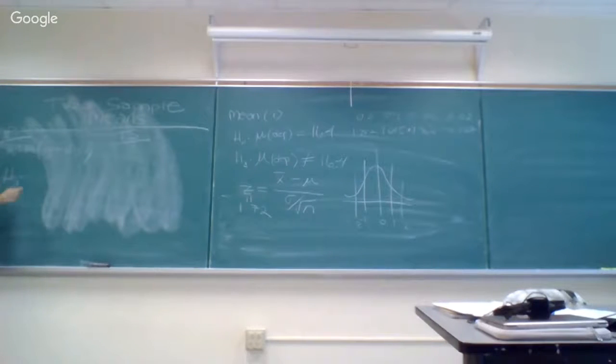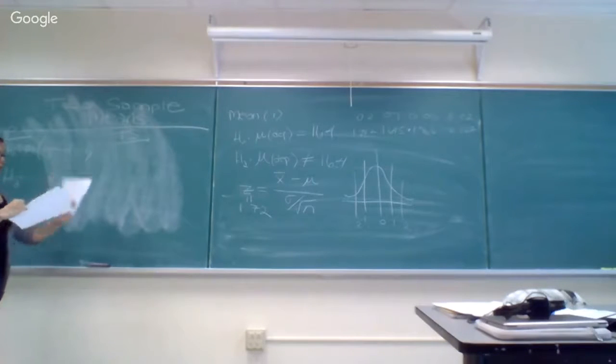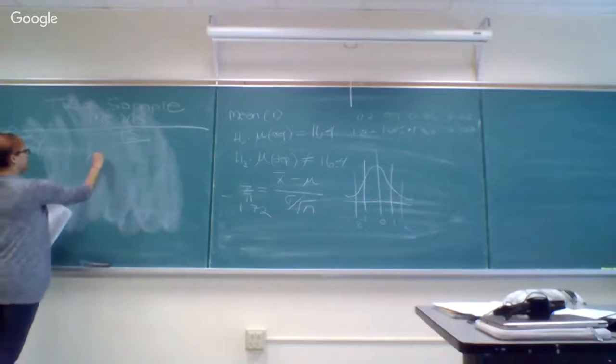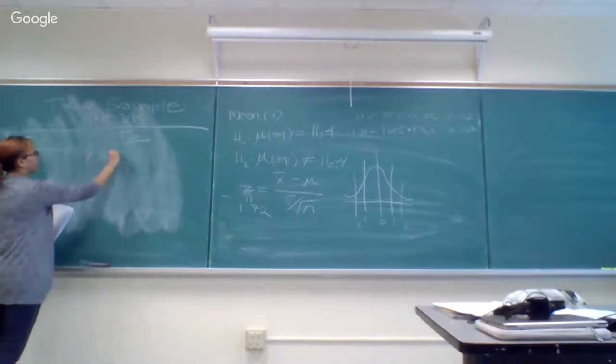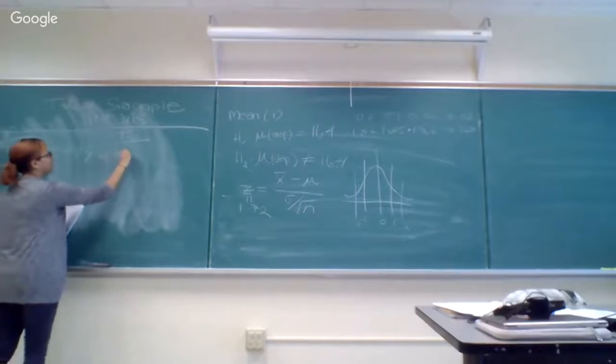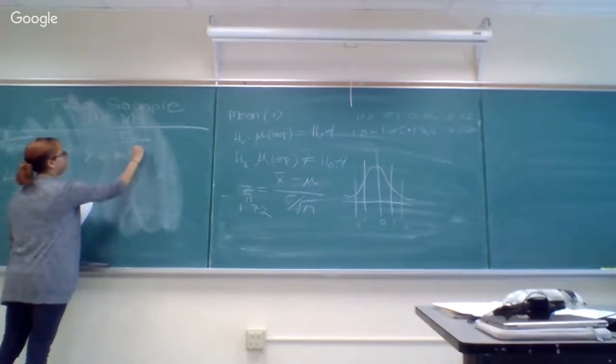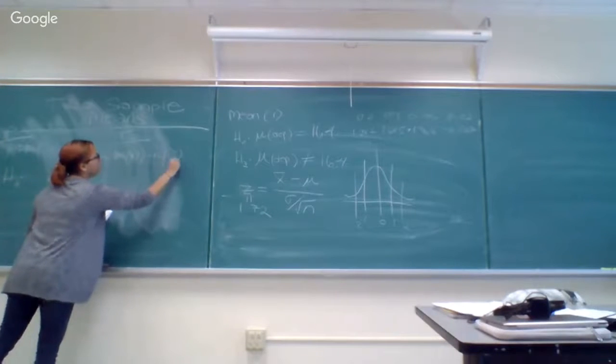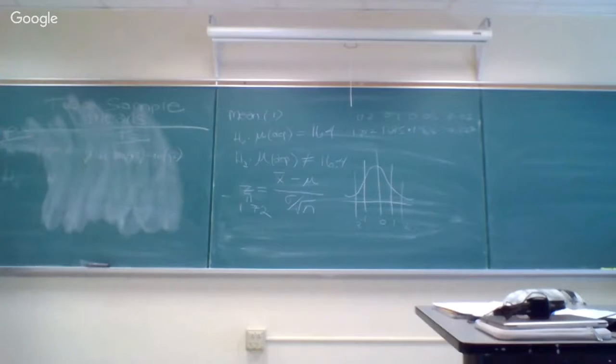For the alternative, it's the same thing. I'm just going to do that for now. And then for 2 sample, we have the mean of group 1 minus the mean of group 2.